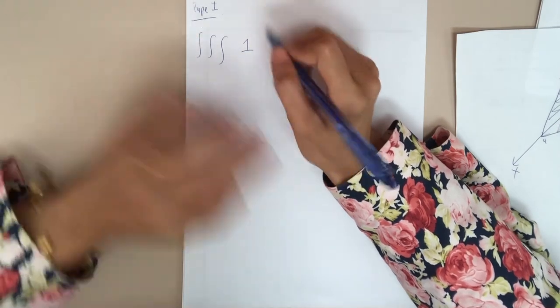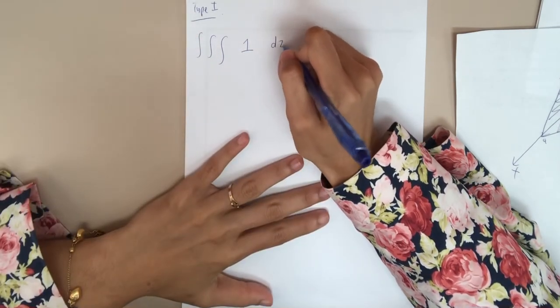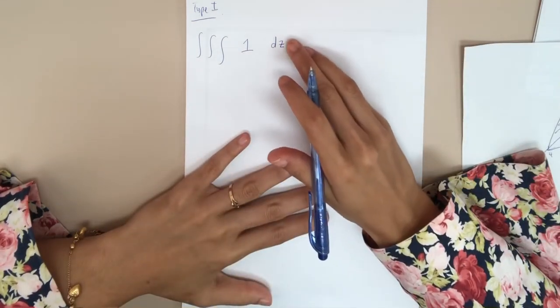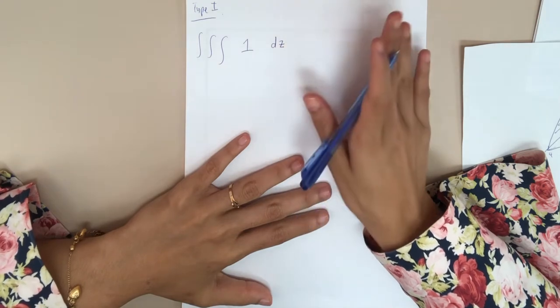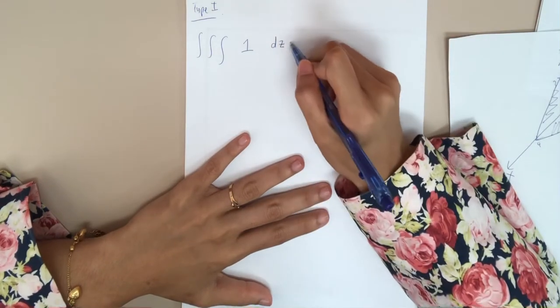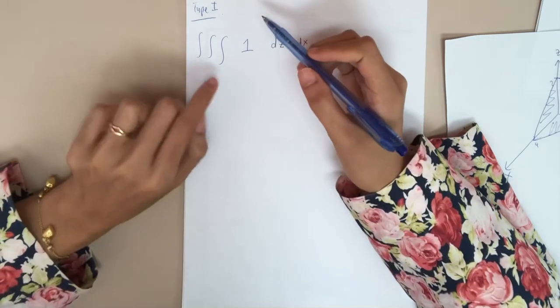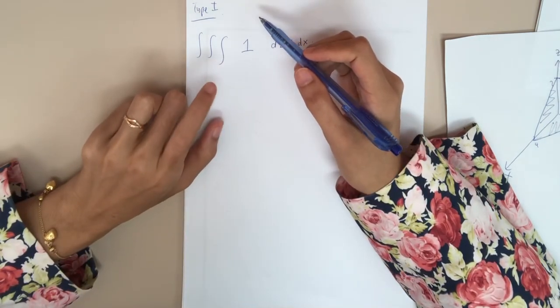If type 1, it means that you need to start with dz, followed by dx or dy, it doesn't matter, it's up to you. Let's say I proceed with dy and dx. So the first limit inside here must be the z limit.